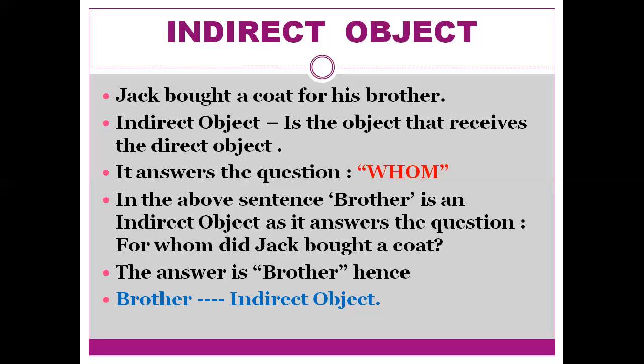So brother is your indirect object. So remember, to find the direct object you always put the question what, and for the indirect object, the question will always be whom.